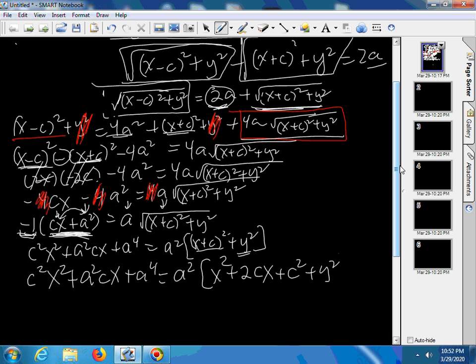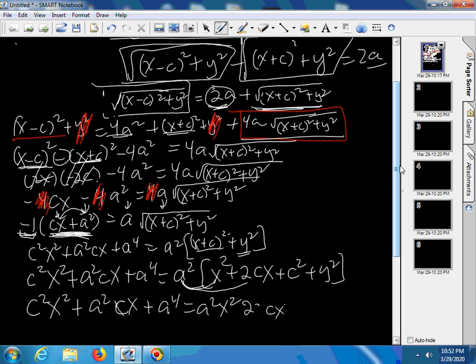Okay, now I will distribute the a squared. The left side, nothing happens to it. I get a squared x squared. I get 2cx times a squared. I get a squared c squared. And lastly, I get a squared y squared.